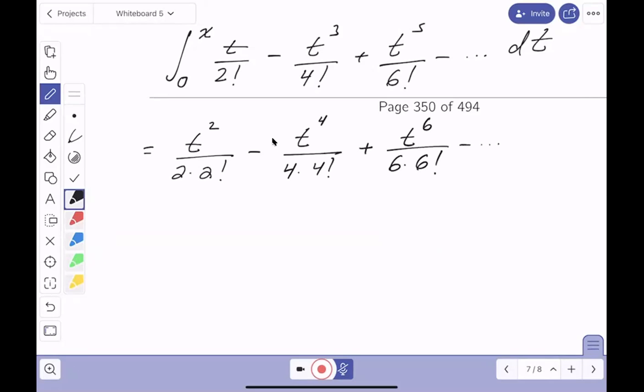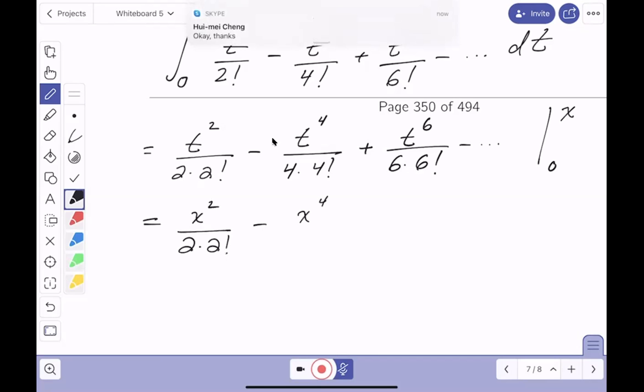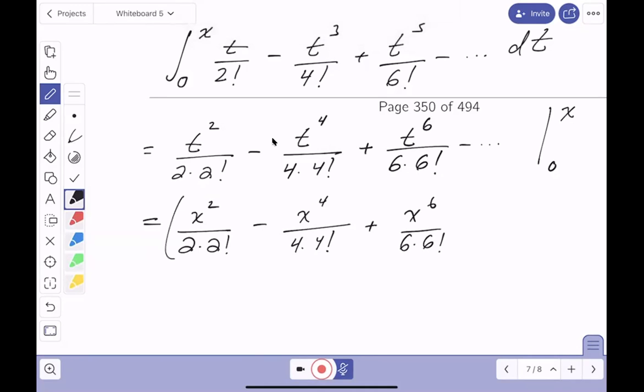It's a predictable pattern right now. What's the integration? 0 to x. So I can write that down, and you're going to get x squared over 2 times 2 factorial minus x to the 4 over 4 times 4 factorial plus x to the 6 over 6 times 6 factorial, yada, yada, yada.